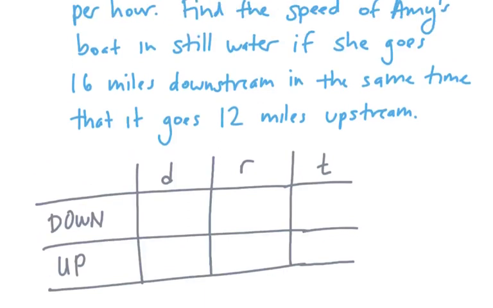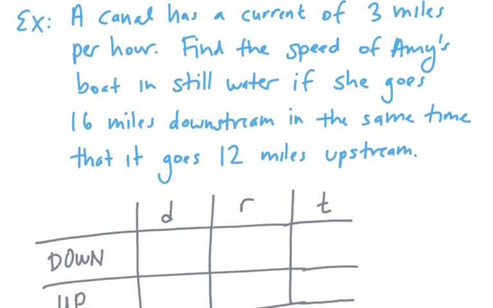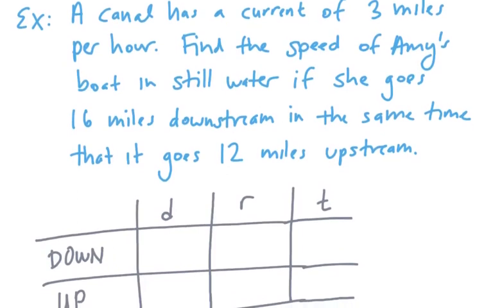This part takes a little bit of time, so just stick with it. The current is 3 miles per hour for the canal's water, the water that's flowing. I'm not totally concerned about that 3 by itself, but I'm concerned about how it impacts the speed of Amy's boat. I do know some distances, so maybe I can throw those in our table right away.